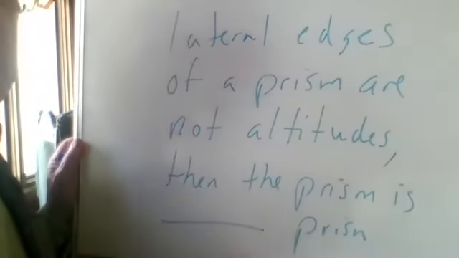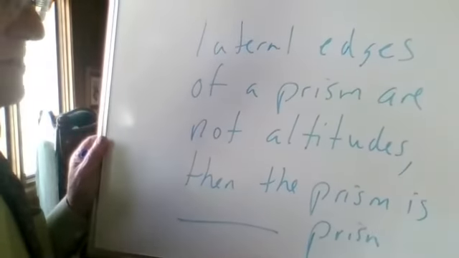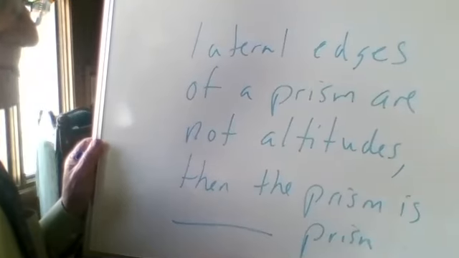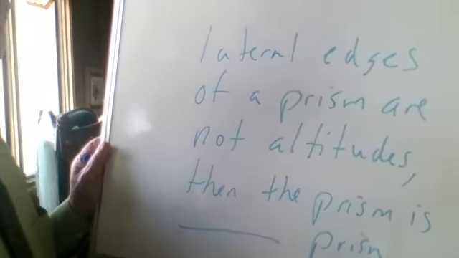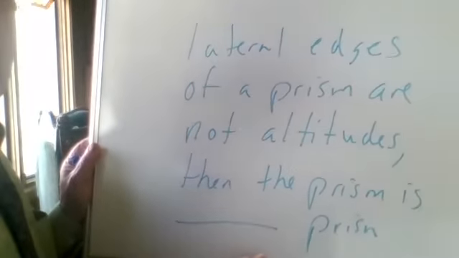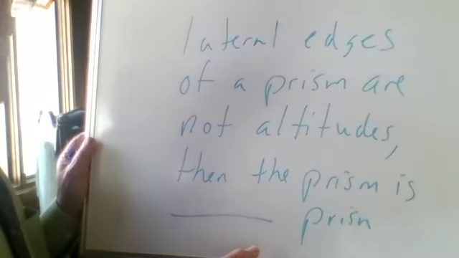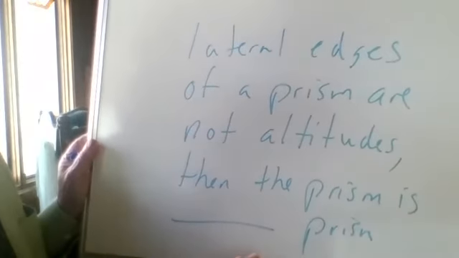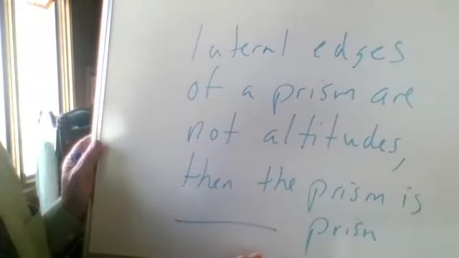This has to do with the definition. Go back and look at your definitions. There's a certain type of prism. Your answers are right, oblique, regular, and lateral.